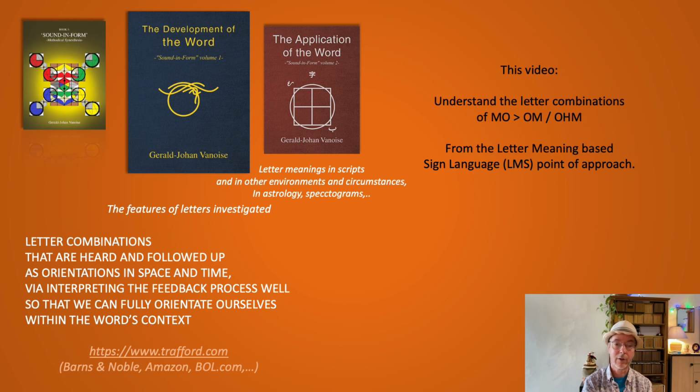And so what will I do? I will have as a foundation to express the letters and to make you experience the combinations the letter meaning based sign language, or the LMS approach.